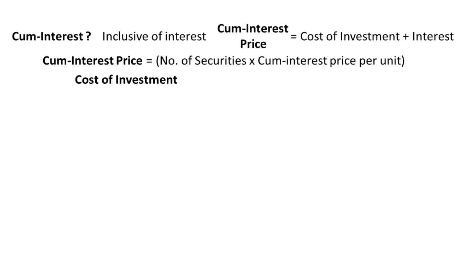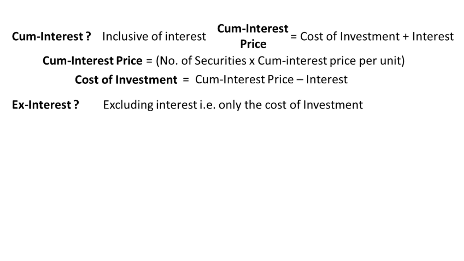So the formula becomes cum interest price minus interest. Now let us see what is ex interest. It means excluding interest, that is, it is only the cost of the investment. So cost of investment is equal to ex interest price.